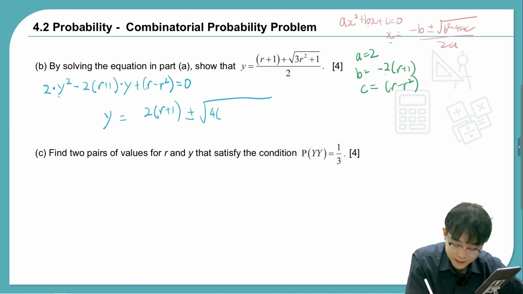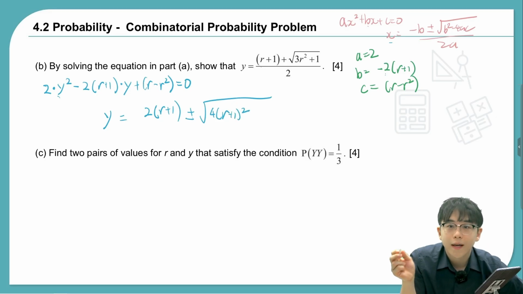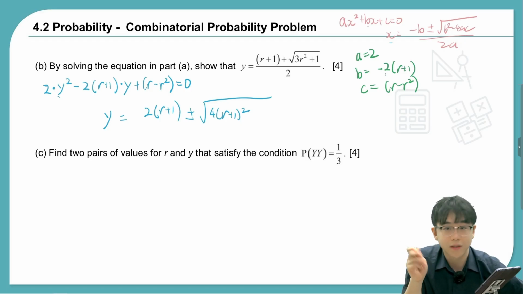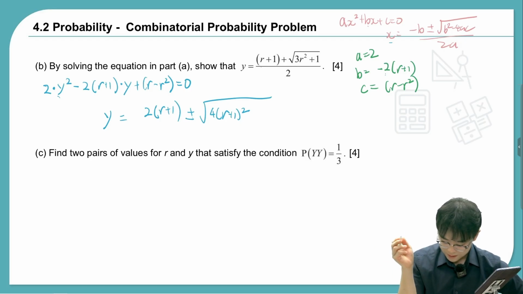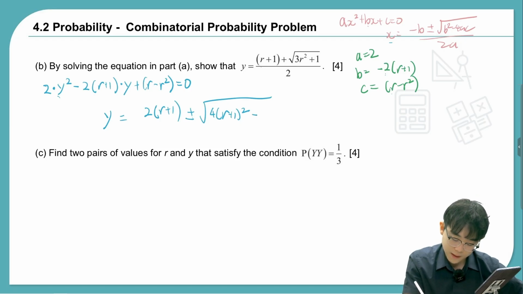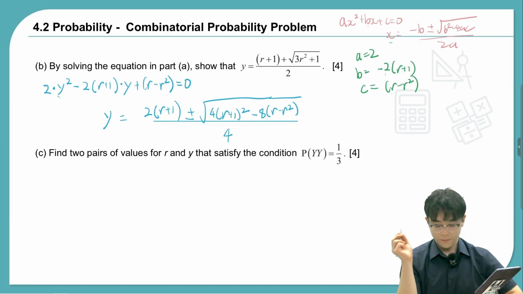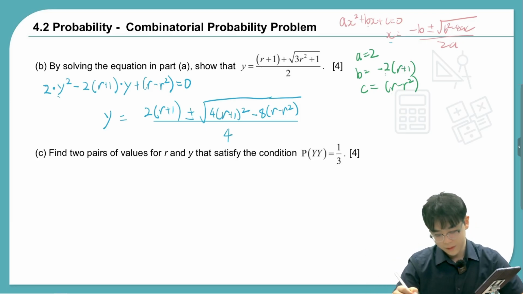So I get 4 times r plus 1 squared, and then I have minus 4ac, so I have minus 4 times 2, so that's like negative 8. And then I have c, so I have negative 8 and r minus r squared. Okay, all over 2 times a, where a is 2, so that would be 4. So now I'm going to simplify this once more.